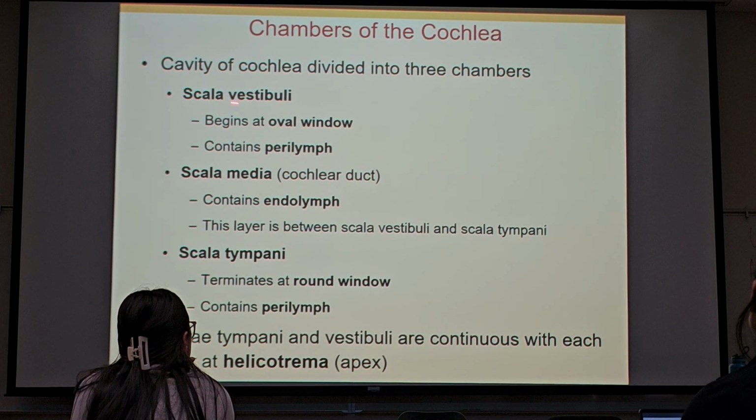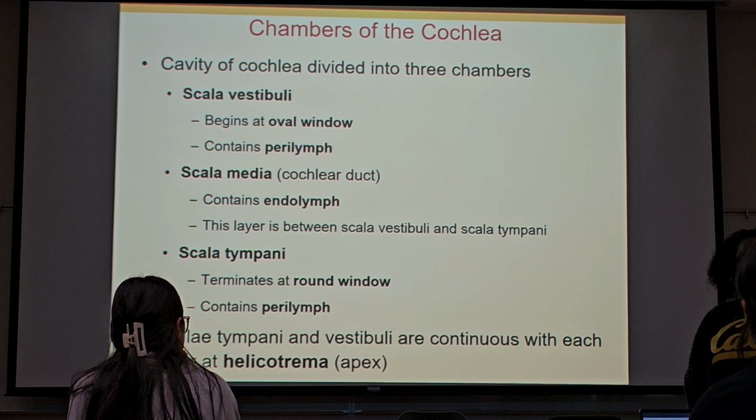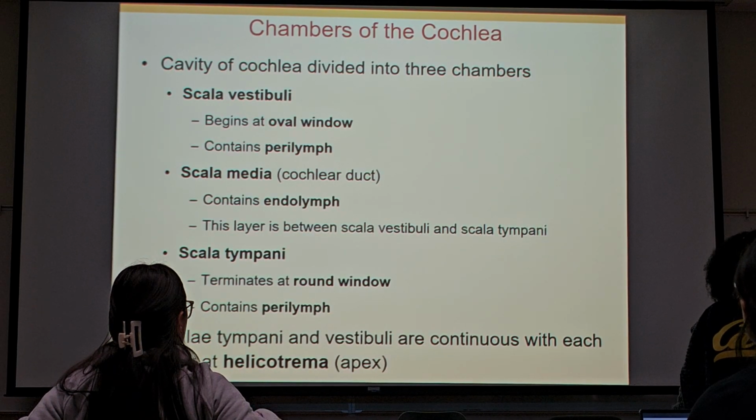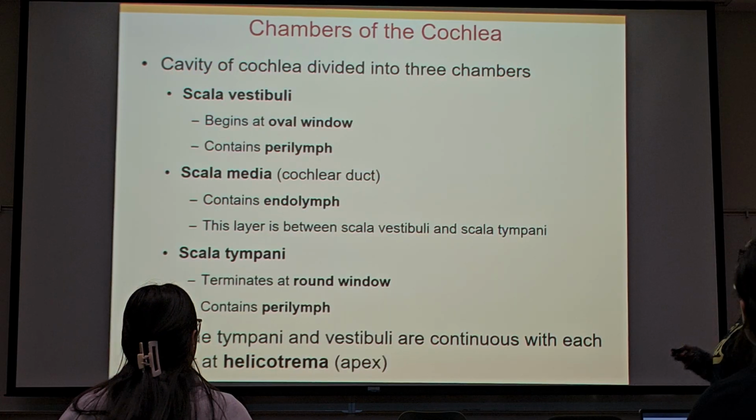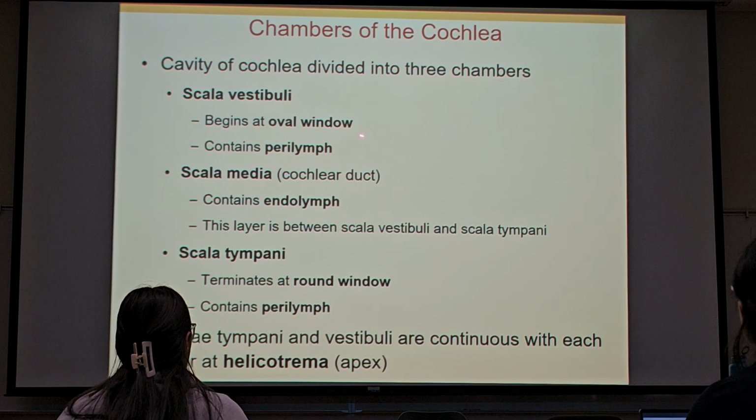The scala vestibuli is going to start at that oval window, the entrance into the inner ear. That small bone, number 3 in line, the stapes, is resting up against that oval window.